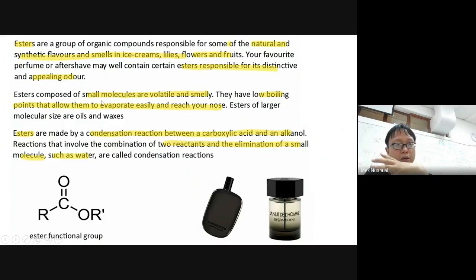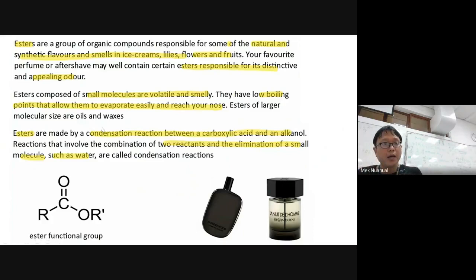They're smaller molecules compared to other organic compounds and are able to travel around in gas form, and then the smell just permeates everywhere. So that's why they work the way they do. But esters of larger molecular size usually would be in the form of oil and wax, okay?